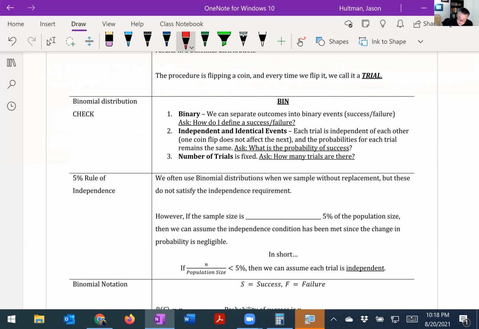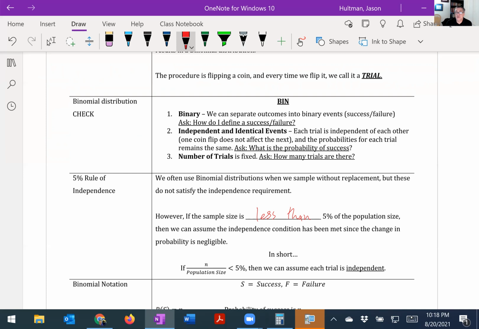However, if the sample size is less than 5% of the population, meaning that we have a very large population, then we can approximate this to an independent trial.